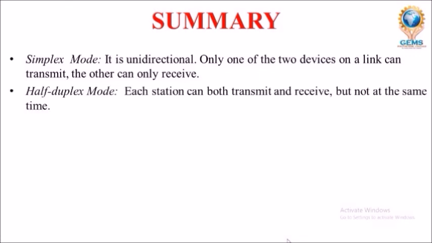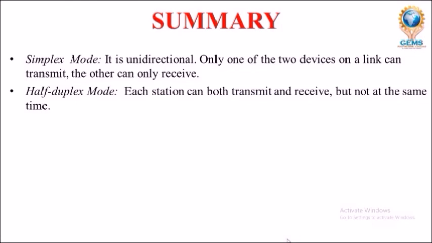Okay, fine. Half duplex mode is better than simplex mode, in which we have two stations, one acting as sender and the other acting as receiver. But the sender can also behave as receiver, and the receiver can also behave as sender, but these two activities will be performed at different times. They will not be performed simultaneously, right?